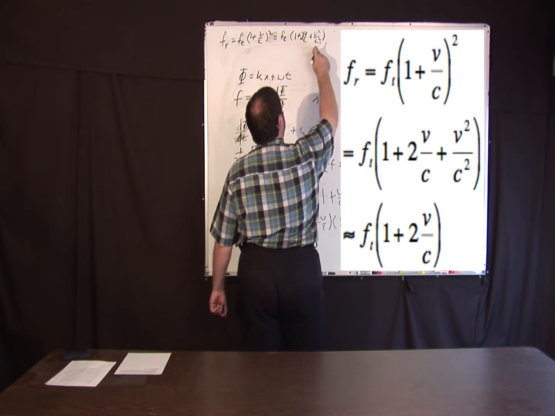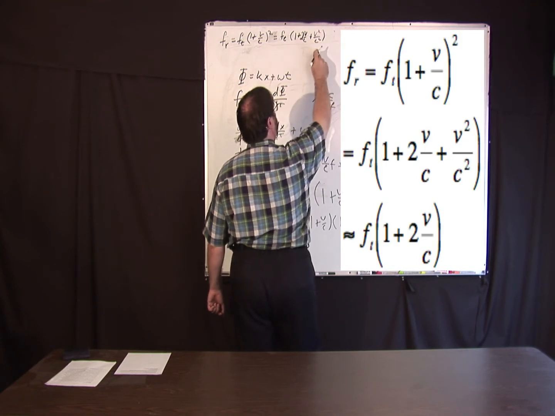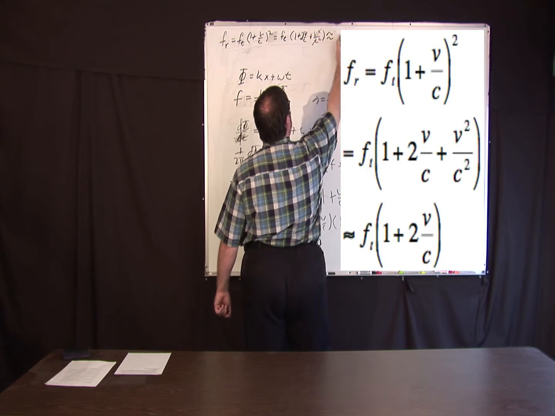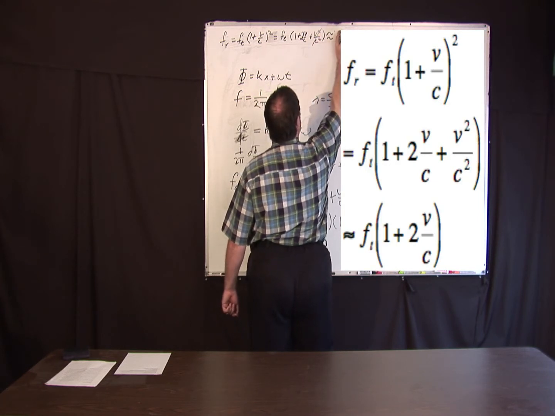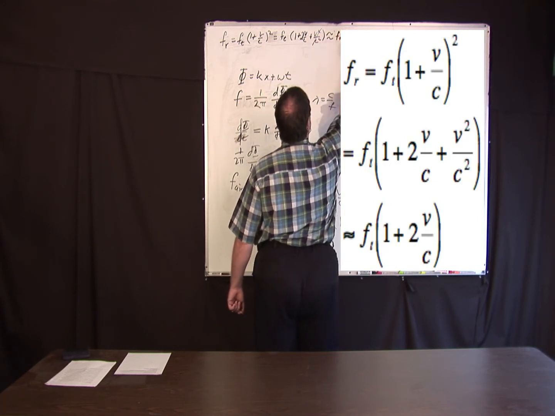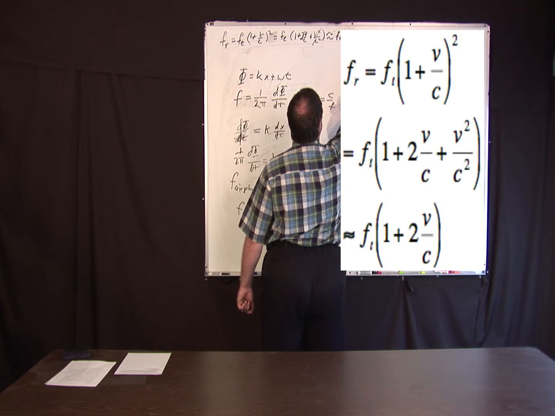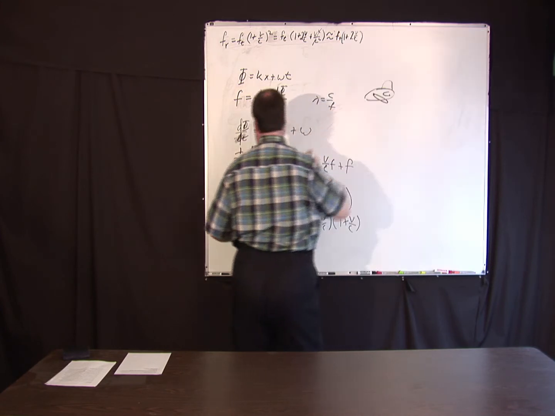Since this term is really small, since most velocities are much smaller than the speed of light, you can sort of ignore it, and this is approximately equal to the transmitter frequency times 1 plus 2V over C.